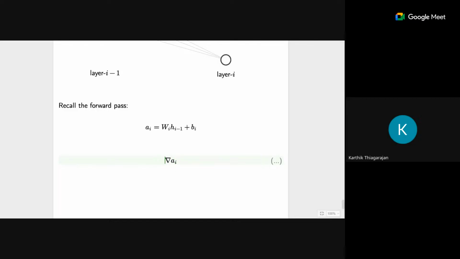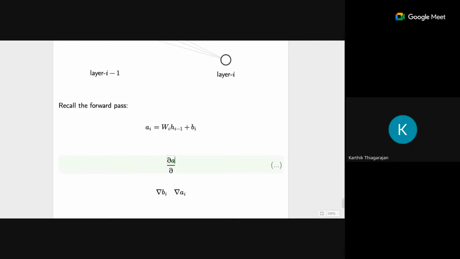Let's start with the simplest. You need to find the gradient with respect to bi. But you have ai already with you. So if you look at this equation, you notice that whatever is the gradient with respect to ai, the same thing is the gradient with respect to bi, again by chain rule.